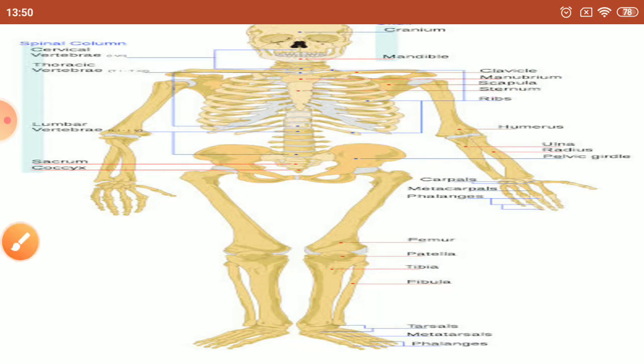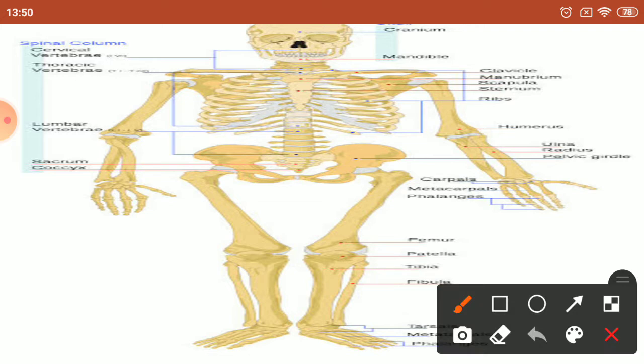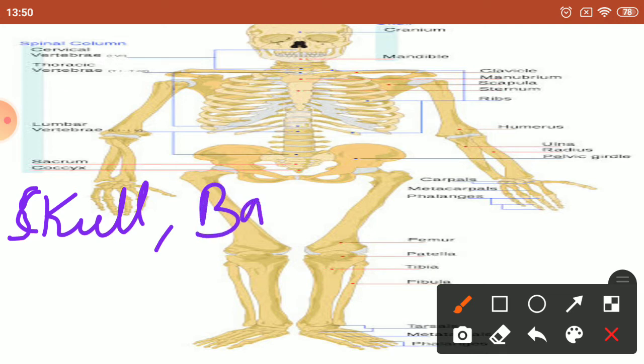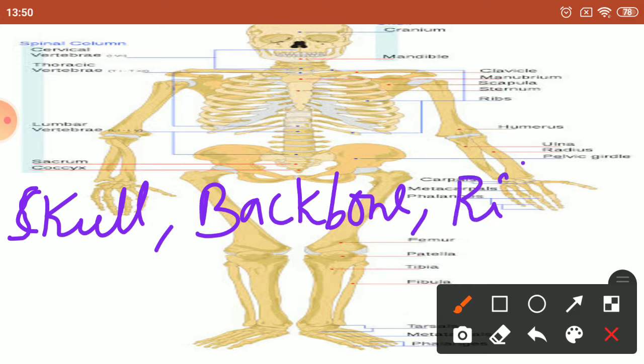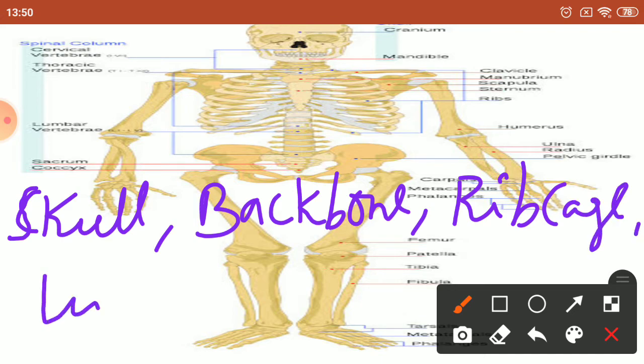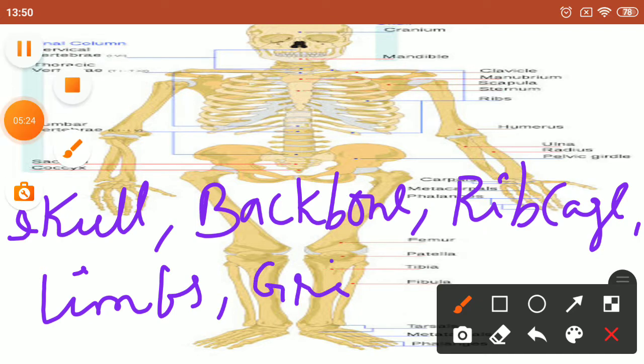So altogether, the skeletal system parts we can divide into skull, then backbone, then rib cage, then limbs, that is forelimbs and hind limbs, and at last girdles.